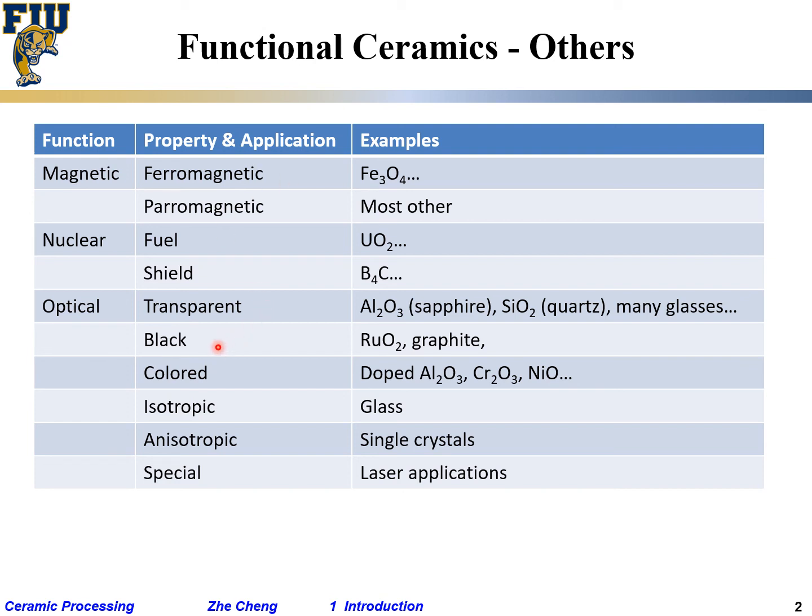But some ceramics, they are black. Graphite is black. Ruthenium oxide and many of those conductive ceramics, they are black. When you look at them, they are black. You break it up, they are black. They reflect the light, but they are black. Okay, and some of them are colored. Many ceramic materials are colored, like doped aluminum oxide, doped sulfide can give you bluish color.